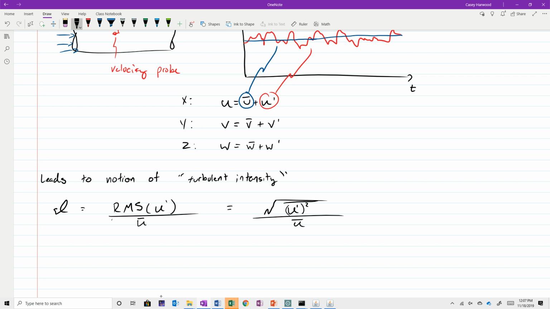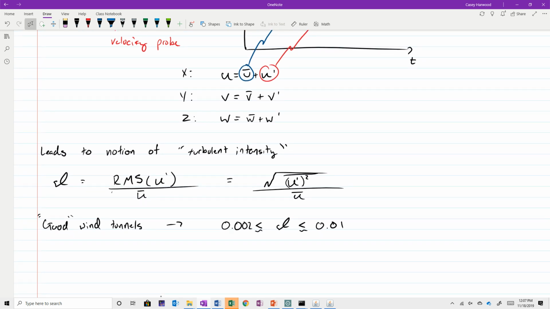For things like a well-designed wind tunnel, I think these numbers are in the book as well, good wind tunnels will typically have ranges of around 0.002 to 0.01, so about 0.2% to 1% turbulence intensity.